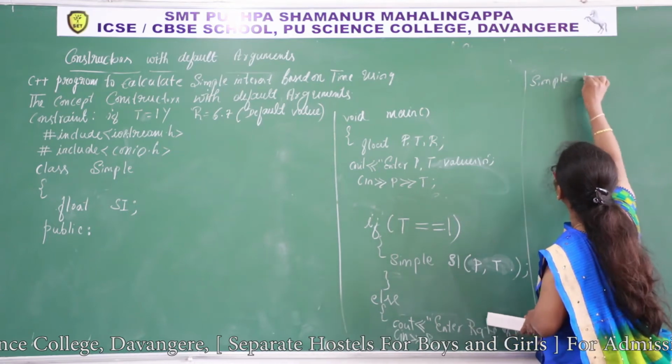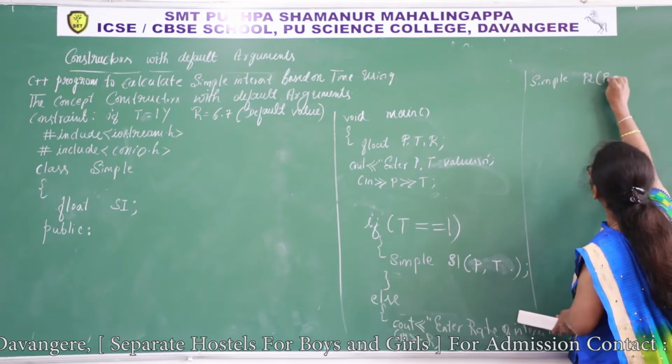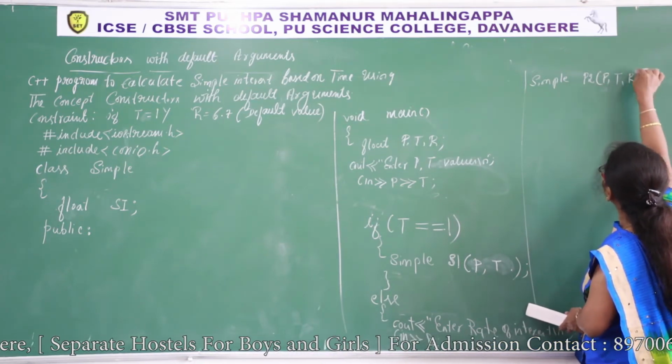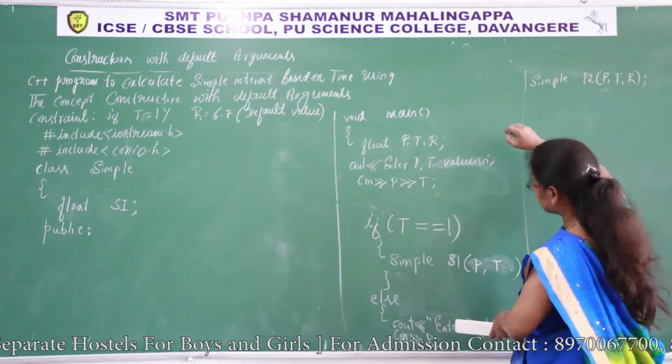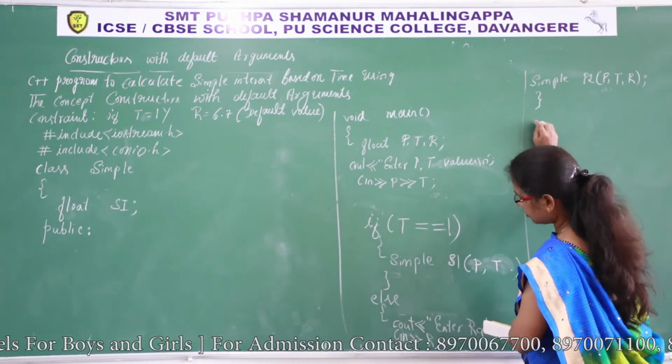Simple P2, principal amount, time and rate. Close. Then main close.